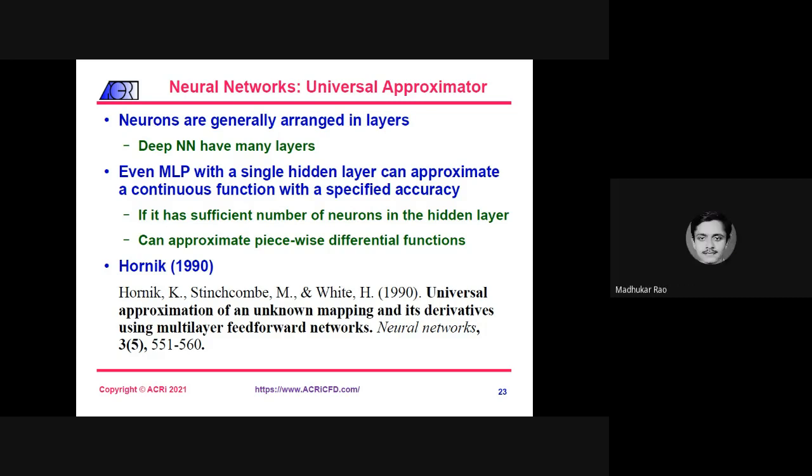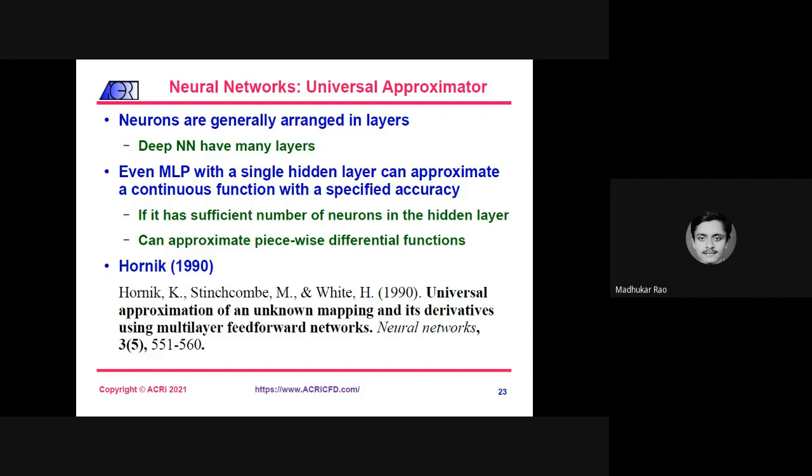This result was proved by Hornik in 1990. I'm citing references as I come across them right in the slide itself. Universal approximation of an unknown mapping and its derivative: it can approximate both functions and their derivatives.